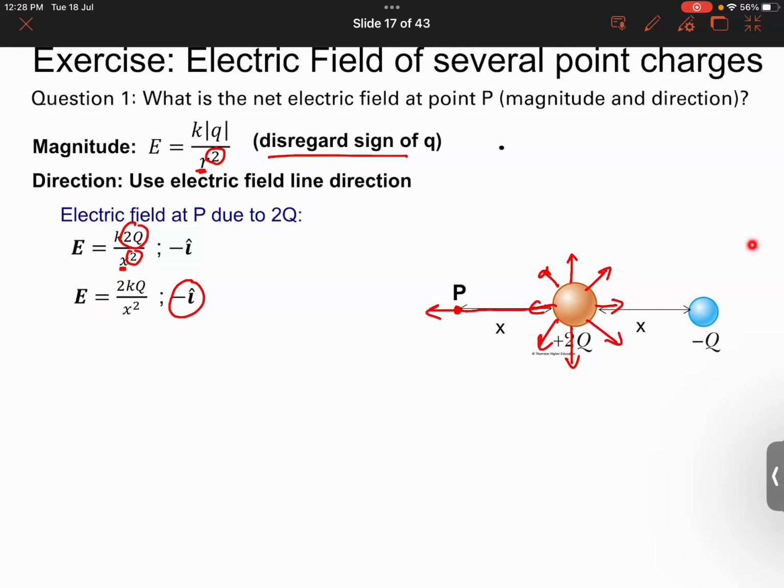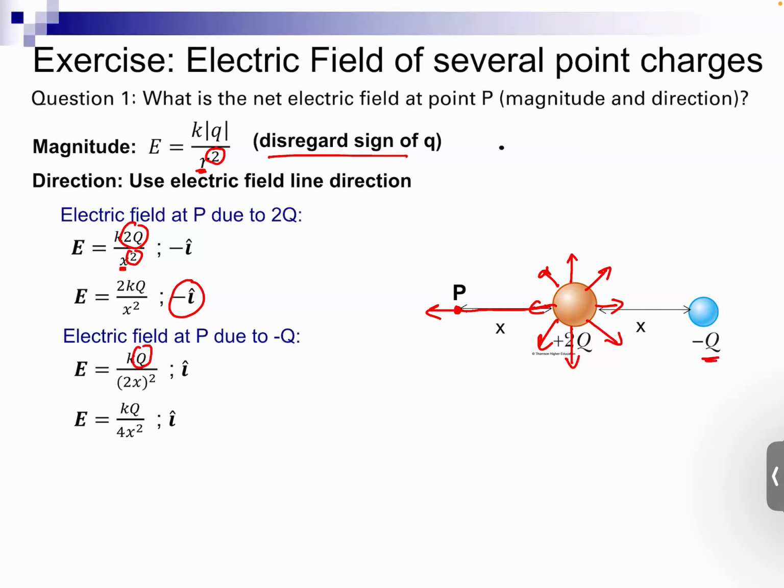We do the same strategy for the charge -q. The magnitude will be k times the charge, q. Again, we disregard the sign. It's a -q, but when you're calculating the magnitude, just use the absolute value.